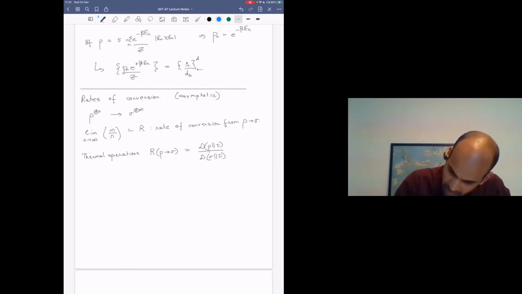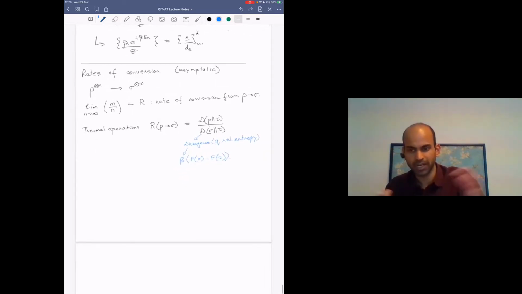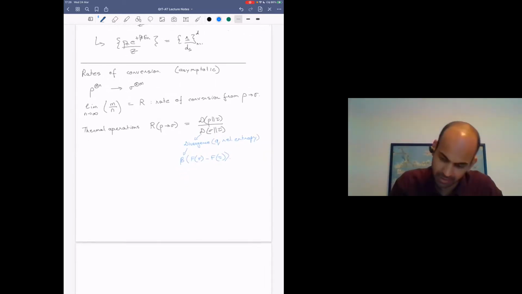Remember, there are 2 ways of seeing this. This is the divergence, or the quantum relative entropy. But another way of saying this is it's also equal to the free energy: β times the free energy difference of ρ minus the free energy difference of τ. So the fact that the relative entropy between any state and the thermal state is the free energy difference is very important.